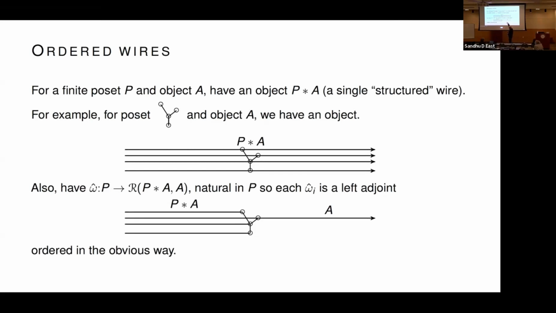So it says this wire, the first wire at the bottom, is below the one in the middle, and it is below each of those other two. So this funny little Y is my poset, and I'm harnessing together these four wires that are all running in parallel. And that is a new object. That's a new wire. That's the idea, right?